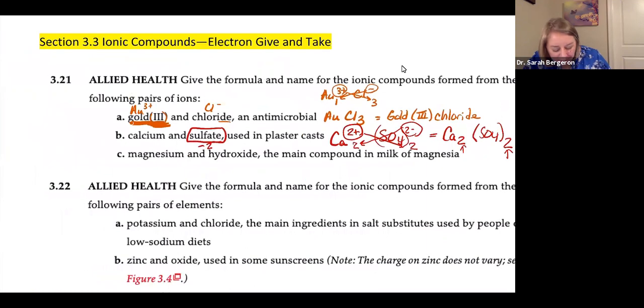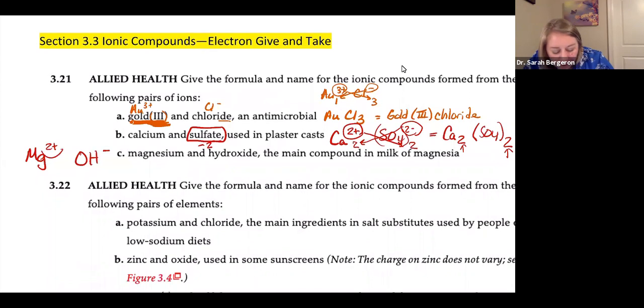Magnesium and hydroxide, the main compound found in milk of magnesia. Magnesium, Mg, is going to be a 2+. It is in group 2A. And hydroxide, you go look in your table, is OH and it is a -1. You have to practice going to those tables and pulling that information out.